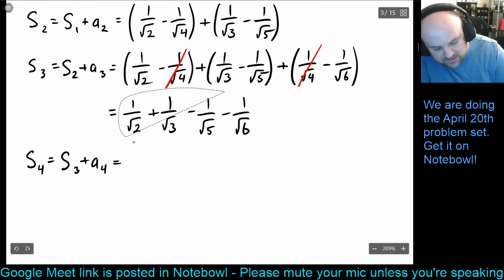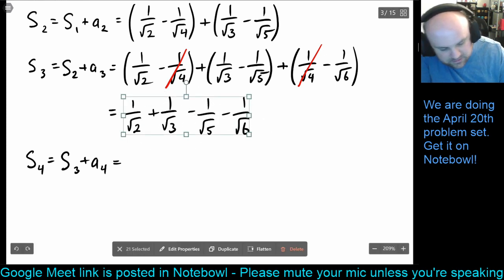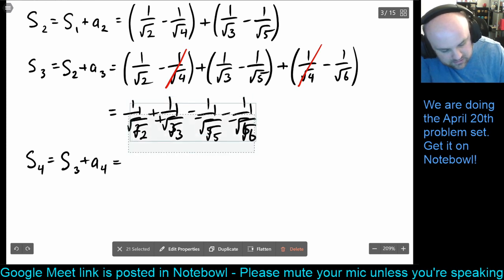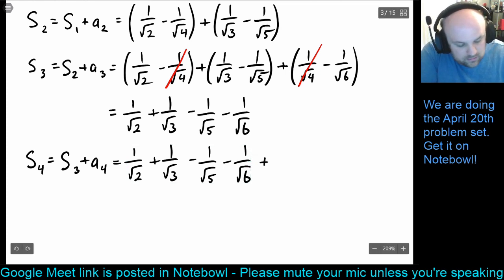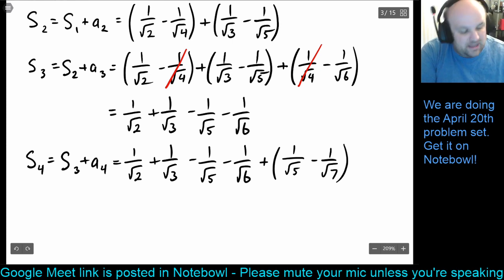I'm just going to duplicate this. All right, but then when we plug in 4, let's see, we're going to get 1 over square root of 5 minus 1 over square root of 7. So what happens here? Well, this and this cancel.